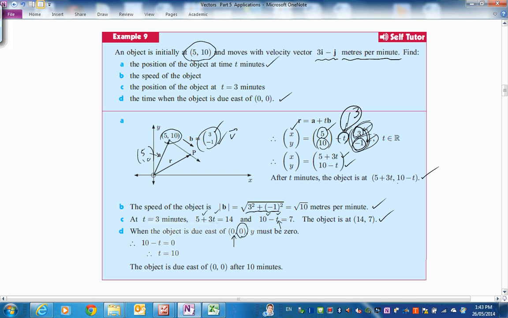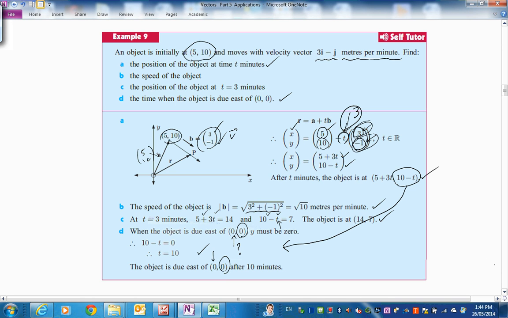So let's take the y value up here from the general position in parametric form of the point in the y direction. So at t is 10. After 10 minutes, it will be due east. We don't care what the x is, how far it's east, but what we're focusing on is that the y value will be 0, because y value is the north or south component.